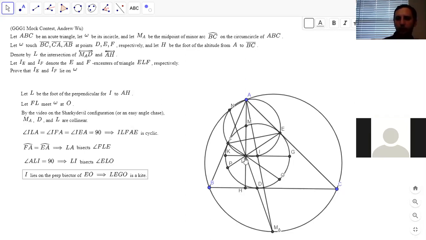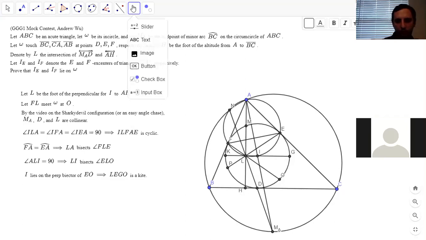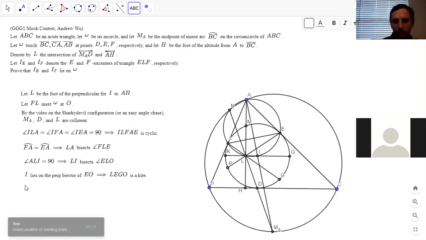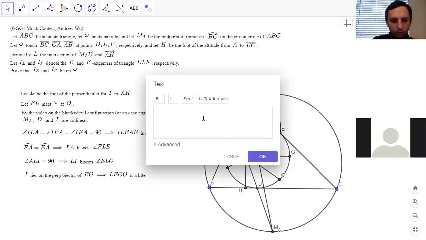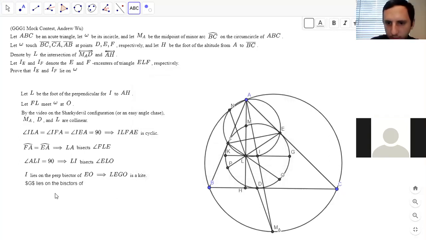Oh, but how do we know GI? I'm getting confused again. I think this is enough. I'm gonna move on, but I think these two things imply LEGO has to be a kite. So that means that G lies on the bisectors of EFL and ELO.